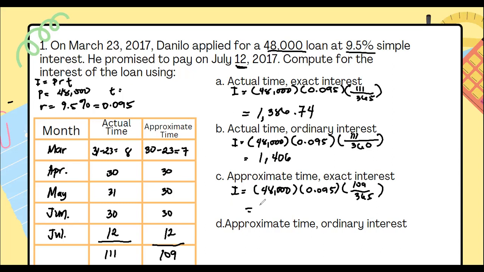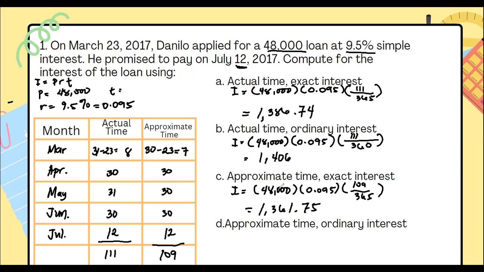Baka kasi magkamali pa kayo. So, kapag may mali kayong pag-input ng data sa calculator, syempre, magkakamali ng pag-compute si calculator. Okay? So, that will be 48,000 multiplied by 0.095 multiplied by 109 divided by 365. So, the answer here is 1,361.75 after rounding off to 2 decimal places. And that is the interest using approximate time, exact interest.